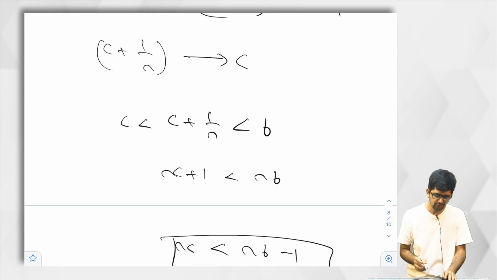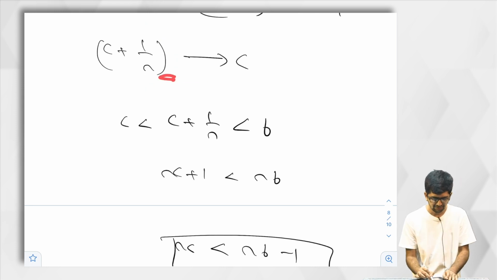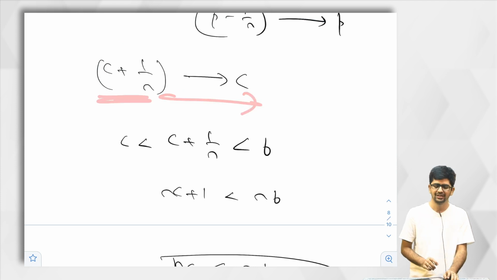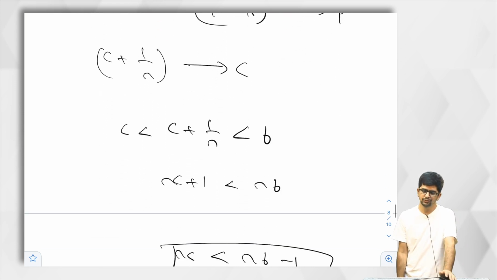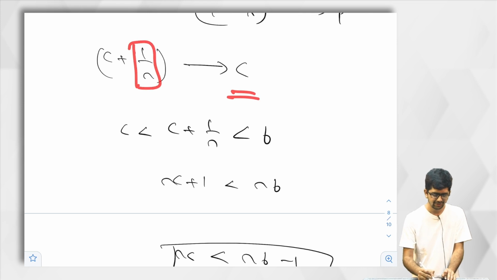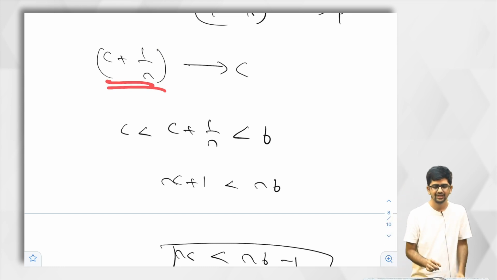Now what we are trying to do is change this sequence slightly so that the convergence remains the same, but this whole part is in between C and B. That is the idea. If I make any change here, there is no guarantee that I reach C, so we will make some change so that the corresponding sum is still inside.